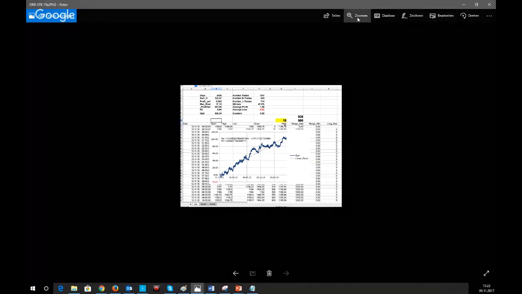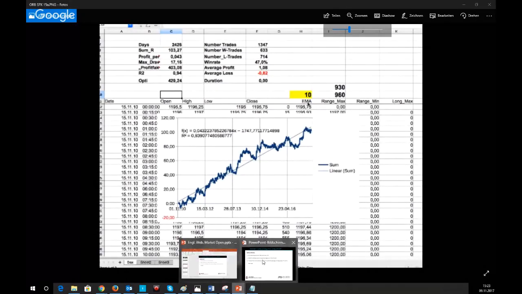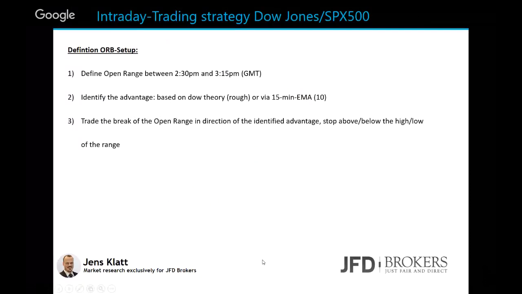So you can see that this strategy I've just presented to you, this very simple setup, has a positive expected value.